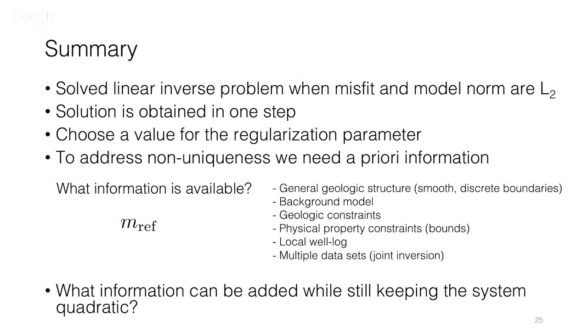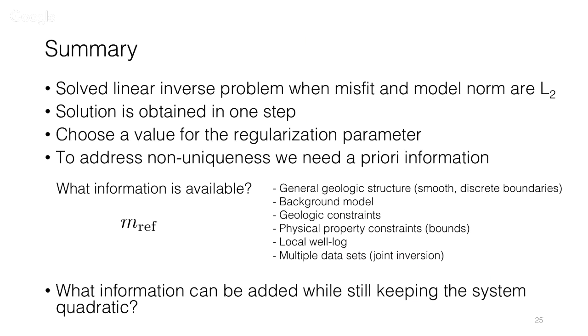So in summary, okay, we solved the linear inverse problem when both things are L2, right? Both the misfit and the model objective function are L2. And then the solution we can obtain in one step, and we can choose the regularization parameter, as I talked about. But to address the non-uniqueness problem, we need to have a prior condition.